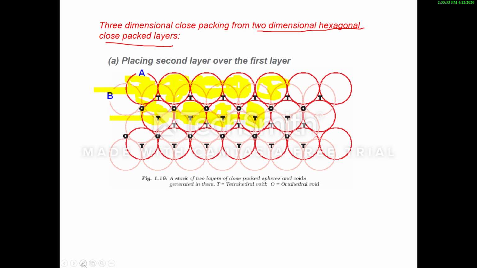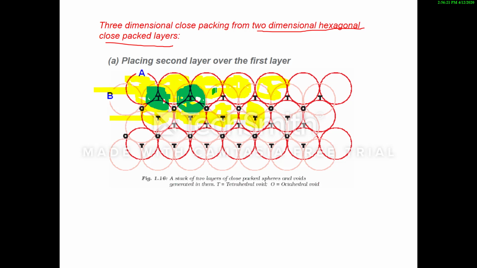Now see how we can place these second layer particles. If I take this color, this is your second layer particle. Clear? This is just above the triangular void in the first layer. This is another second layer particle.